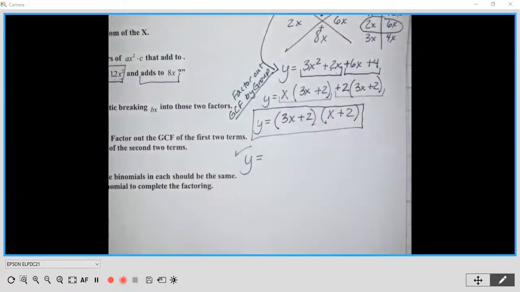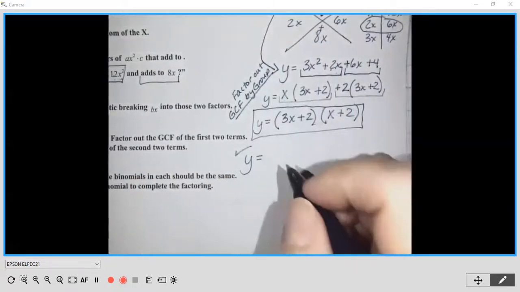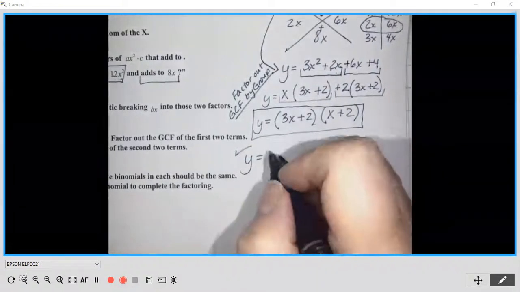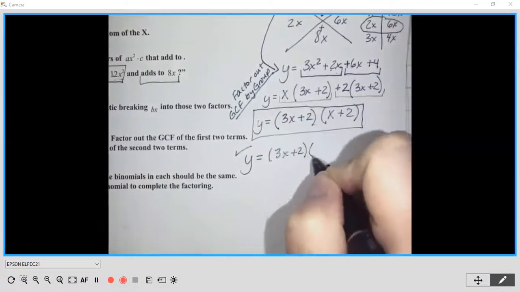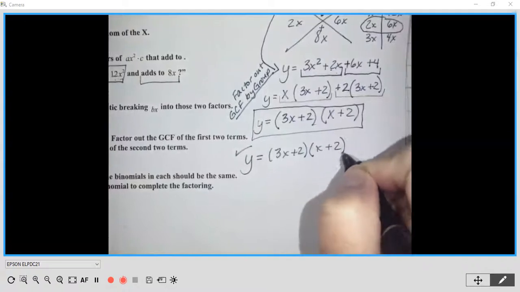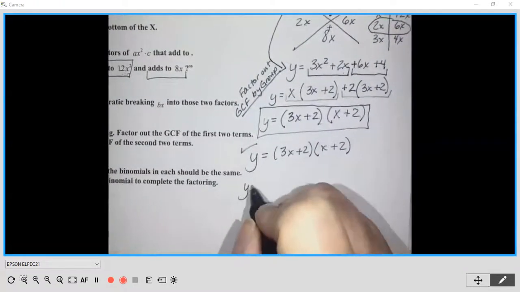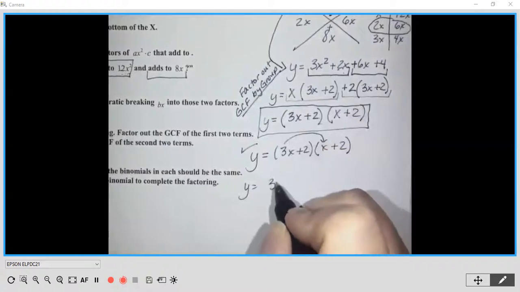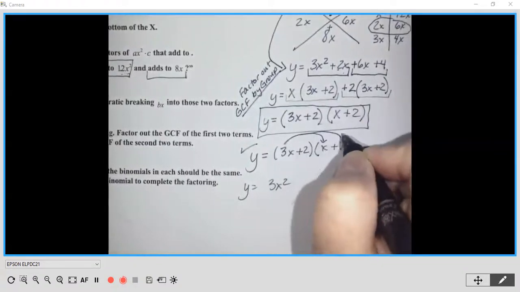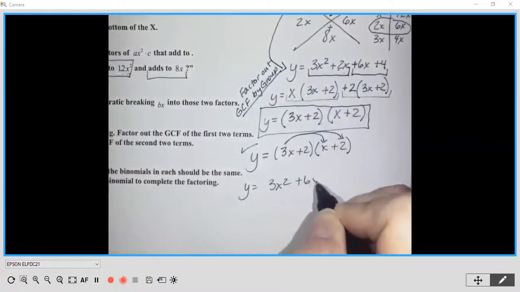So here's our check step. This is our answer. We want to check and make sure we factored correctly. So we have 3x plus 2, quantity multiplied by the quantity x plus 2. So y equals, I'm going to distribute 3x times x, 3x squared, 3x times 2, plus 6x.